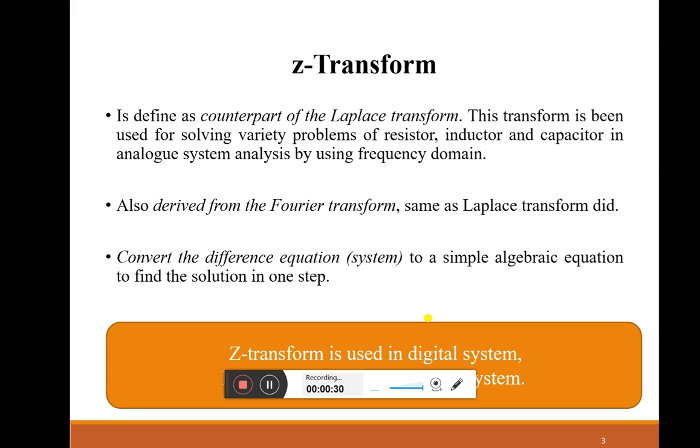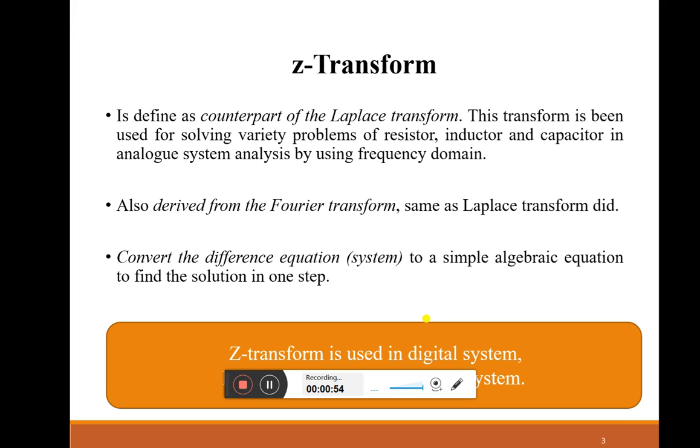Okay, what is Z transform? Z transform is the counterpart of Laplace transform. So Laplace has been used to solve a variety of problems of resistors, inductors, capacitors in analog system using frequency domain. Similarly to Laplace transform, Z transform was also derived from the Fourier transform.